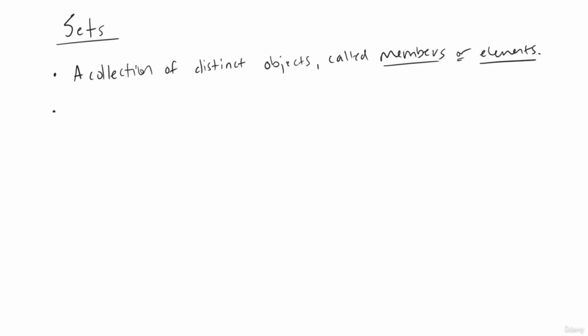And one important property is that a set is unordered. So if you put the numbers 1, 2, 3, 4, 5 in there, and they come out that way, it just so happened to be happenstance. There's no particular order to any objects in a set. Usually it'll come out like 3, 5, 1, 2. And it does not contain, I want to be clear on the distinct property, it does not contain duplicate elements.